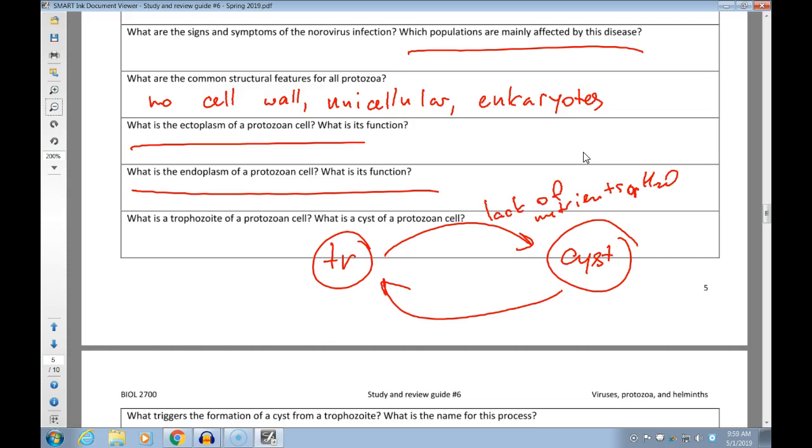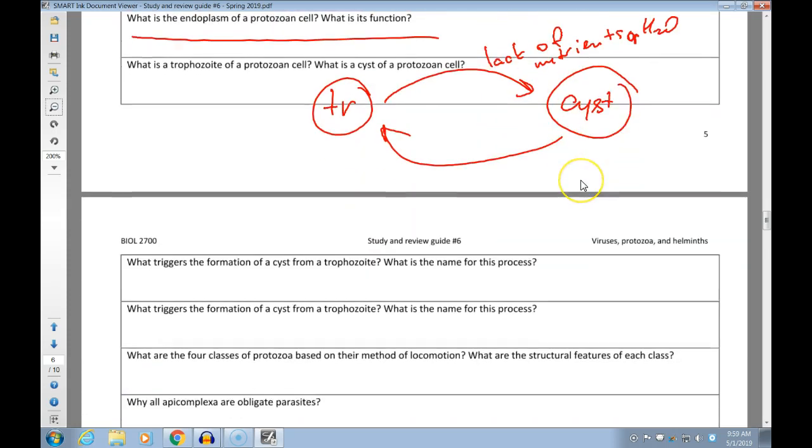Are we clear about this? Okay? So the formation of a cyst is encystment. The formation of a trophozoite from a cyst is excystment. There are some typos; excystment is what triggers the formation of trophozoite from a cyst.